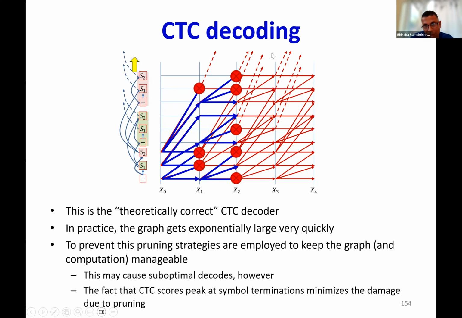So what happens is that each node can expand out. If you have a vocabulary of V, each node can expand out to V nodes at the next time instant. If I'm retaining 4 nodes over here, I'm going to have at most 4 times V nodes evaluated over here, of which I only retain the top 4. And I keep doing this. So the computation never blows up.